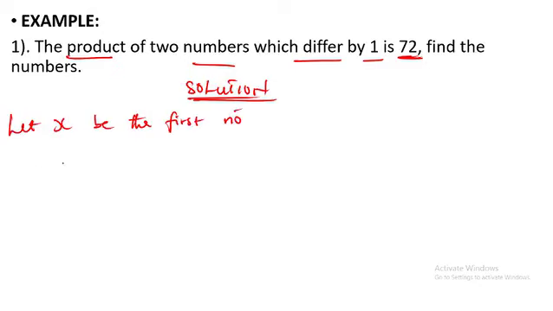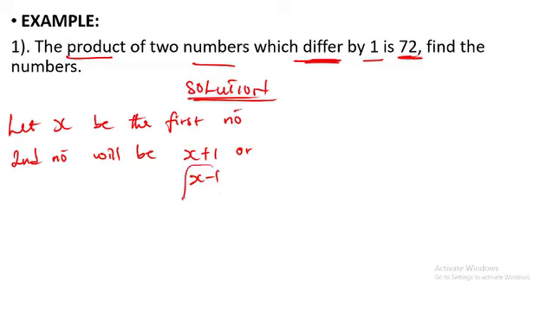If x is the first number, then the second number will be either x plus 1 or x minus 1, since the statement says that they differ by 1.